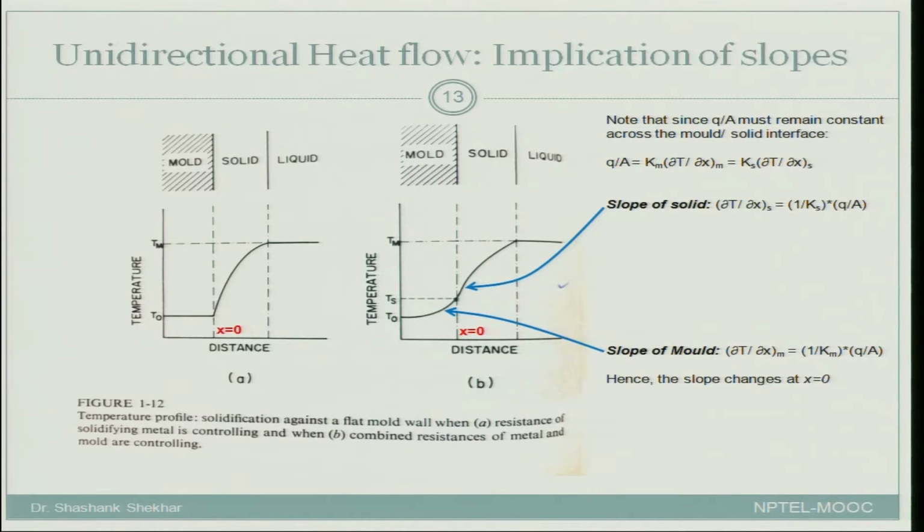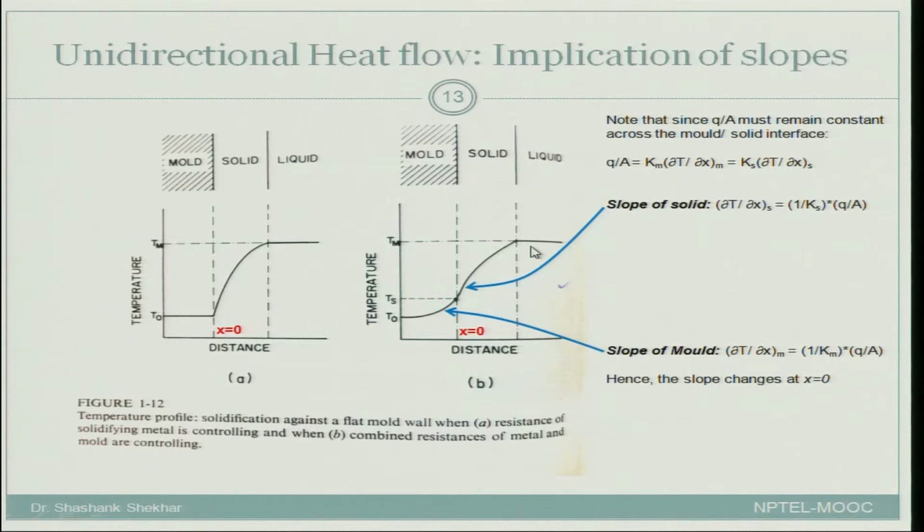And then we also discussed the implication of slope. You remember we always draw the slope increasing as we go in the mold from the air mold interface to the mold metal interface, while the slope in the solid, going from the mold metal interface to the solid liquid interface, is always decreasing.